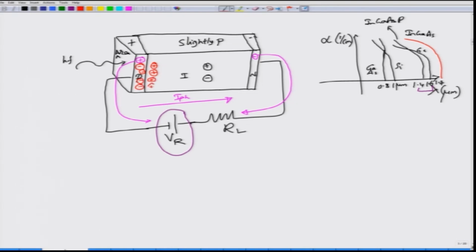To balance them out, there will be positive charges over the intrinsic region, right. In fact, you can see that if you dope the p side with a very large dopant concentration, then this region actually extends into the I region. The amount of charges required in order to neutralize the immobile ions on the p side will be much larger on the intrinsic region.